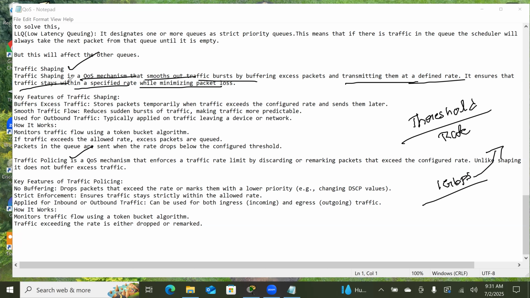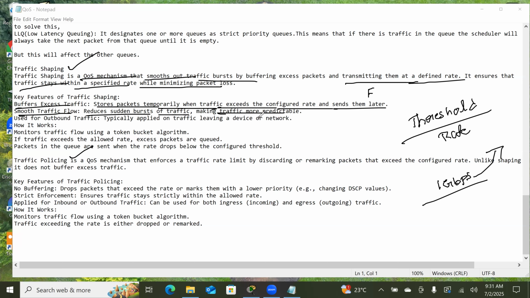So it buffers the excess traffic. I mean, it stores the packets temporarily when the traffic exceeds the configured data rate and sends them later, just like FIFO, first in, first out. It smooths the traffic flow, reducing the sudden bursts of traffic and making traffic more predictable.